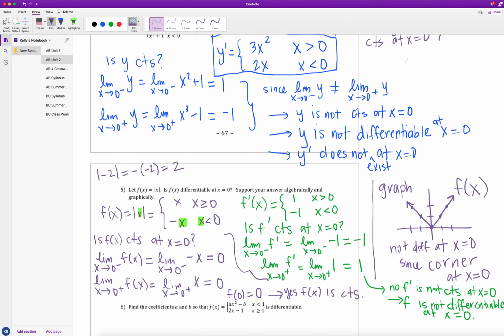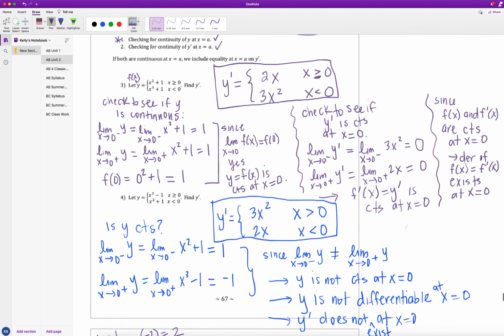But if we were to look at a graph of the derivative, we would have a jump at x equals 0 since the limit from the left doesn't equal the limit from the right. And since there's that jump, it means that the function value at 0 does not exist. So in these three examples, we kind of saw the three cases. We saw when both the original function and the derivative are continuous, then it means the derivative exists at the breakpoint.